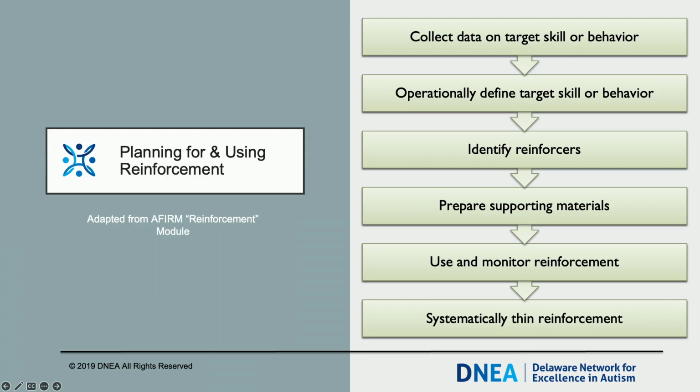Next, you want to operationally define the target skill or behavior. Next, you want to identify reinforcers and then prepare your supporting materials. You also want to use and monitor your reinforcement. And then, finally, systematically thin your reinforcement. Let's talk about each of these steps in more detail.